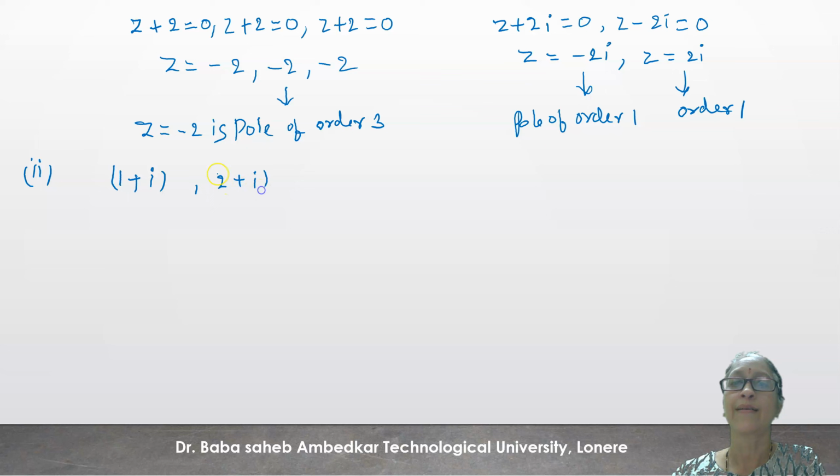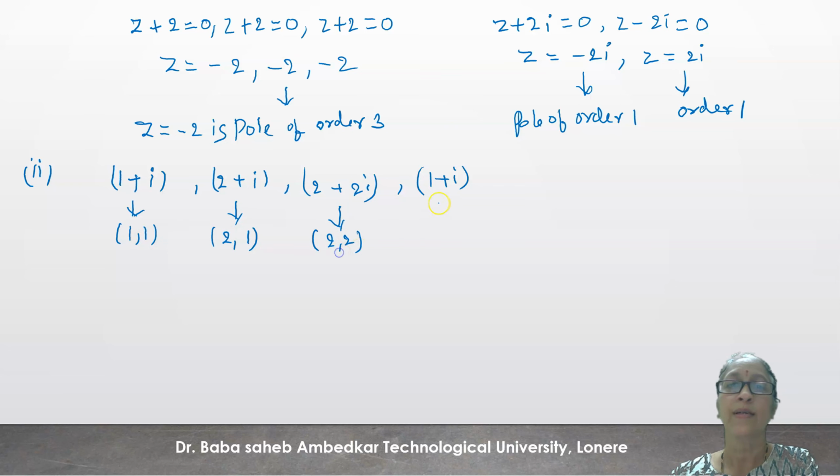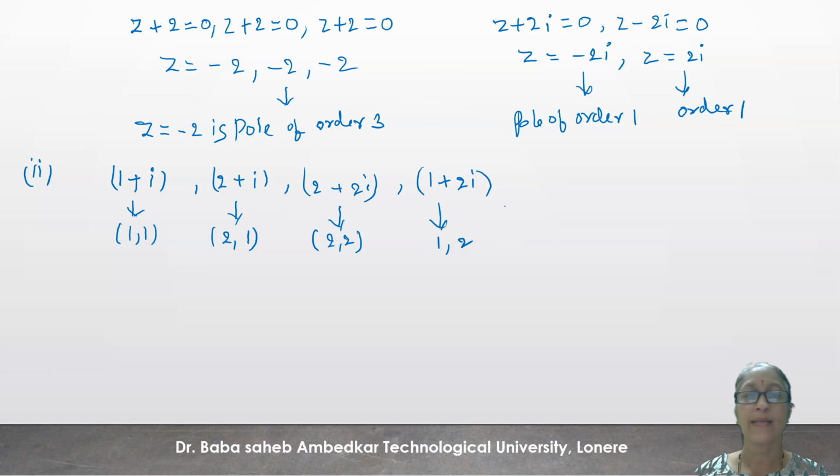The third one is 2 plus 2i, and 1 plus 2i. That means this is (1, 1), this is (2, 1), this is (2, 2), and this is (1, 2). These are the vertices, so using these vertices we can plot the rectangle.